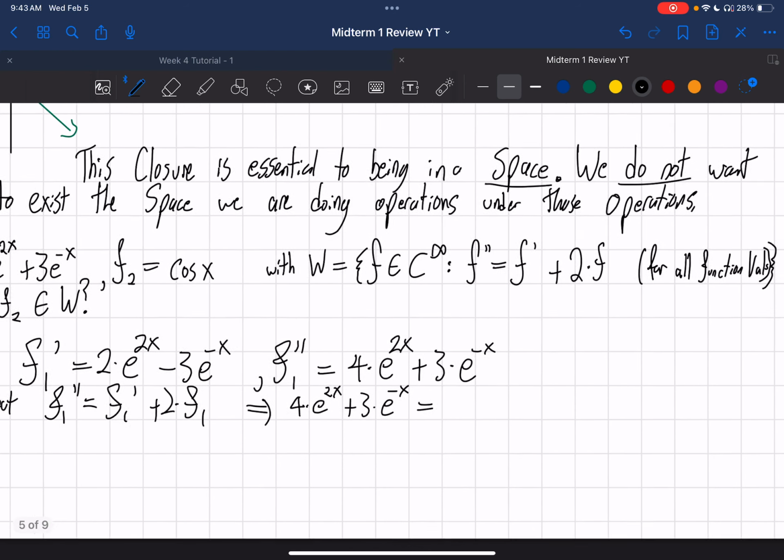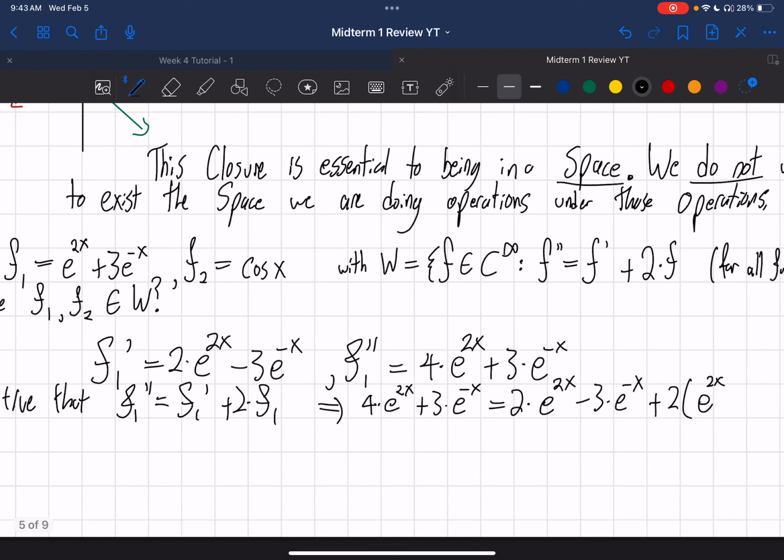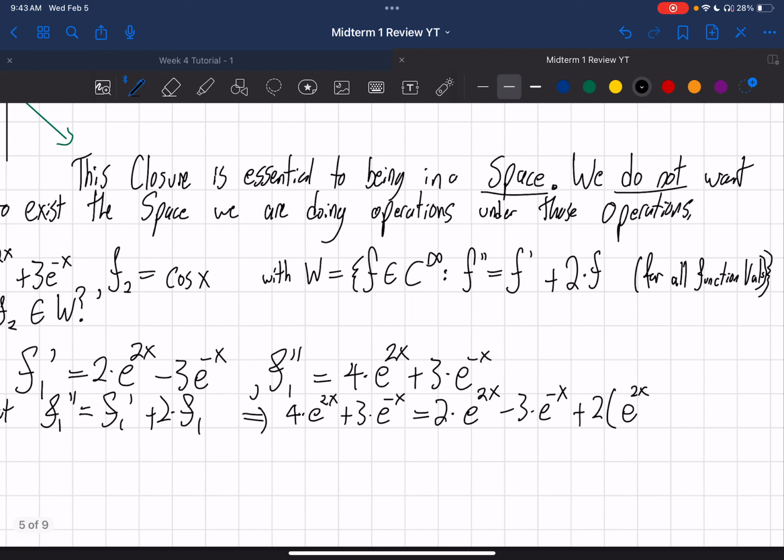Is that equal to 2 times e to the 2x minus 3 times e to the minus x plus 2 times our original function, which is e to the 2x plus 3e to the minus x?